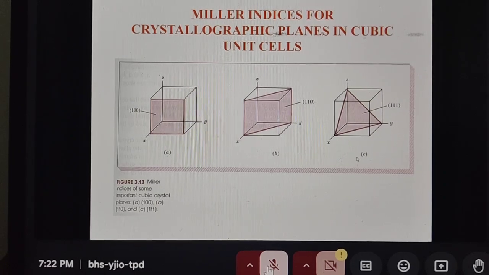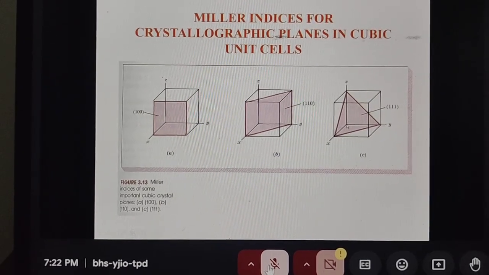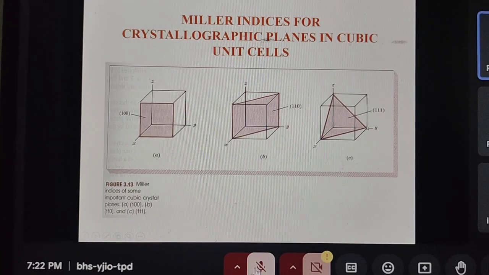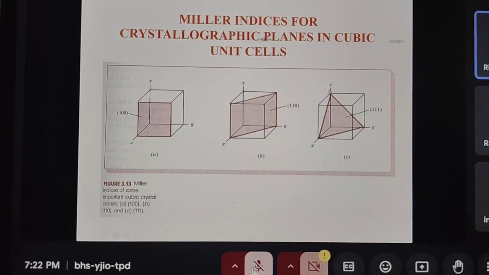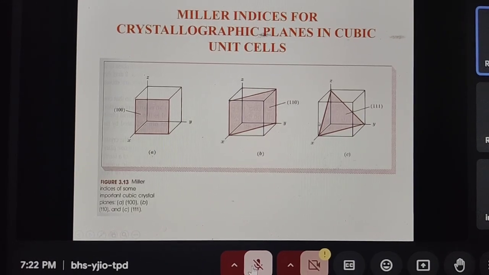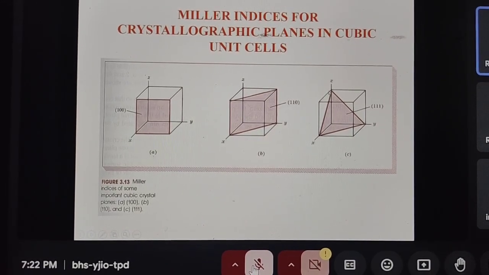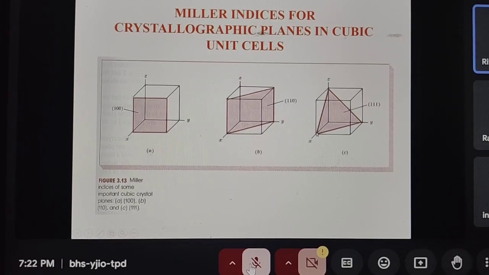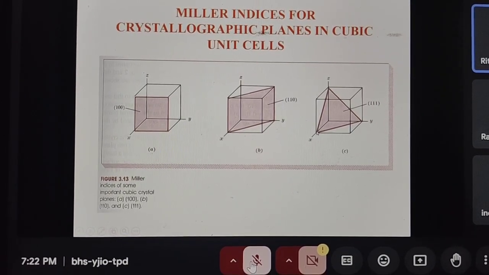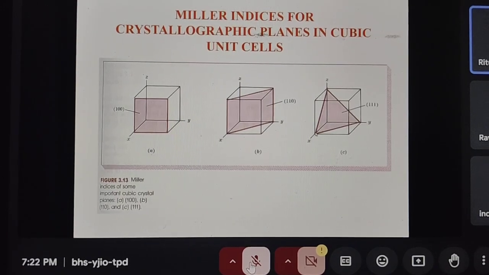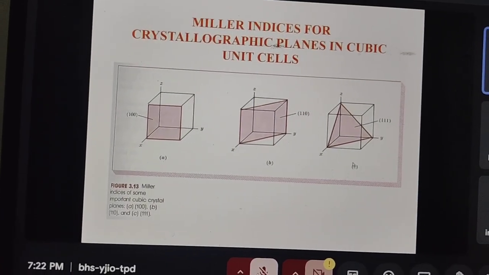See the next one? It is cutting the x-axis at 1, the y-axis at 1, and the z-axis at 1. You just draw the final points, so that the diagonal plane of that cube, which is the shaded one, is the 111 plane.